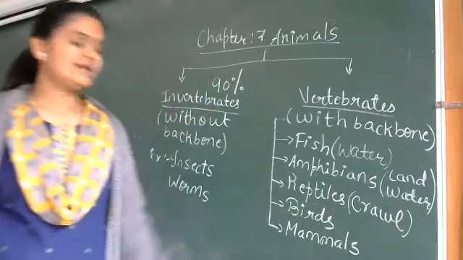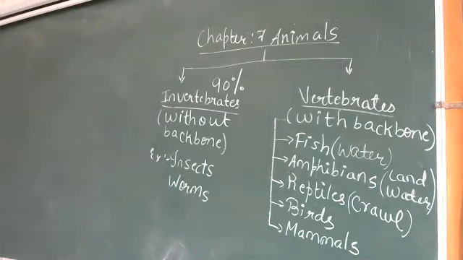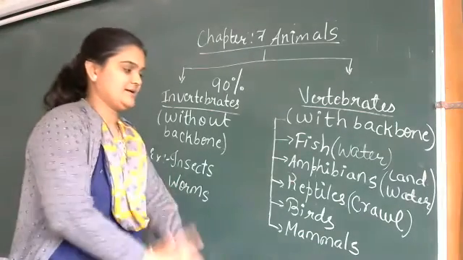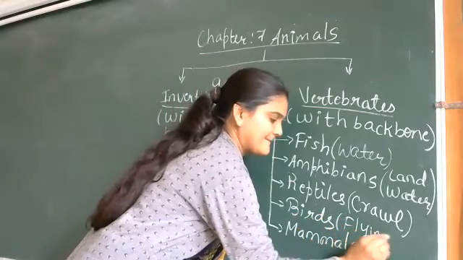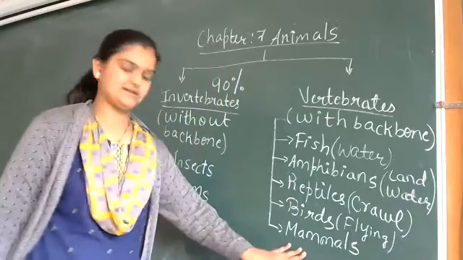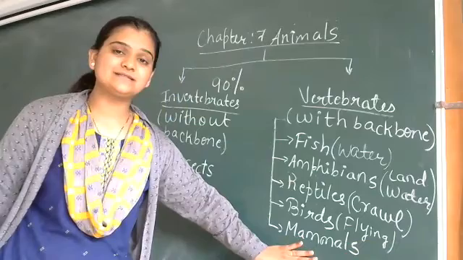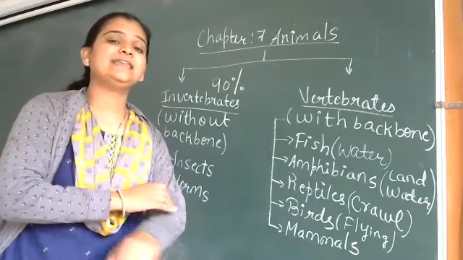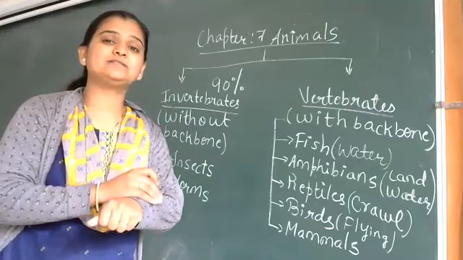Next one, birds is over. What about mammals? External ears. Very good. So what are mammals? Mammals are the ones which have hair-like structures or fur on their skin.